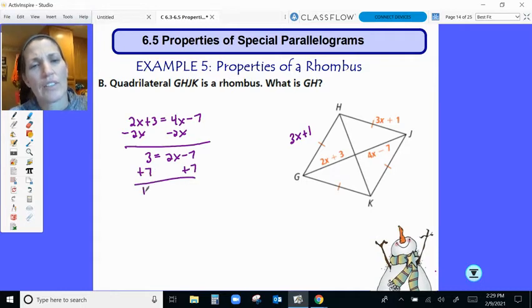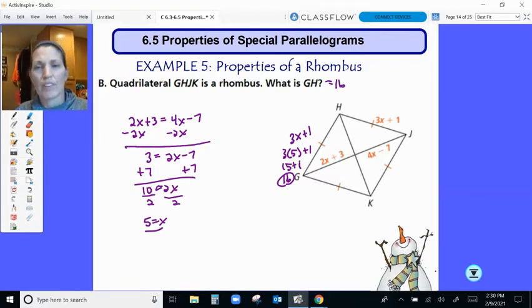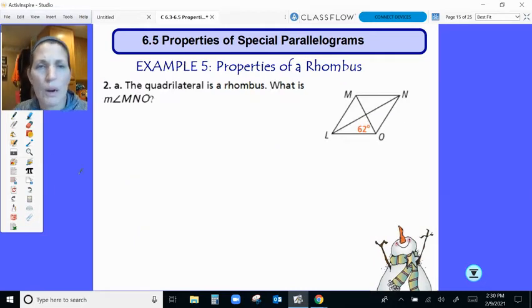And go ahead and add 7 to both sides. So we get 10 equals 2x. And divide by 2. So 5 equals x. So now that I know what my x is, I can plug this in up here. So 3 times 5 plus 1, which gives me 15 plus 1, which is 16. GH is 16. Okay? All right, we're cruising right along with these properties here.